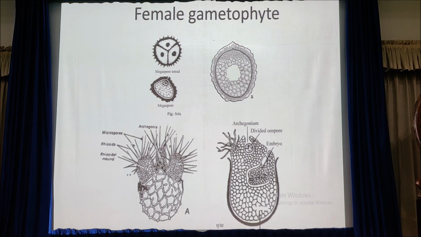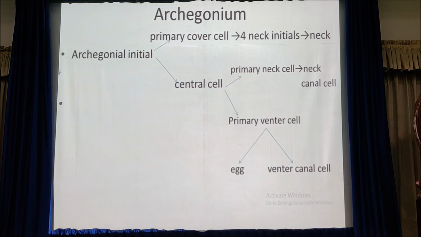Development of archegonia. The archegonial initial is formed in the apical region of the female gametophyte. Archegonia are produced from archegonial initials. Each initial cell undergoes periclinal division, forming a primary cover cell and a central cell.